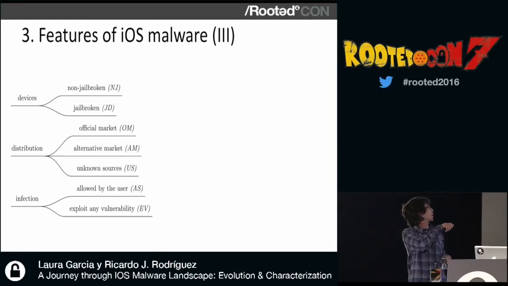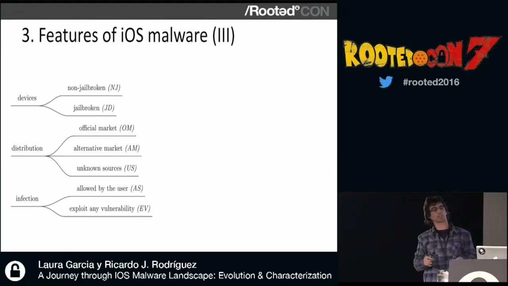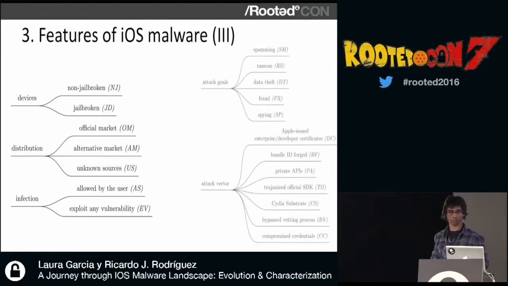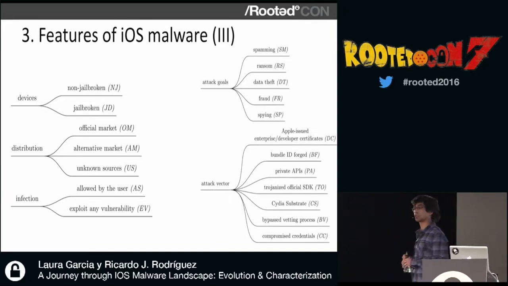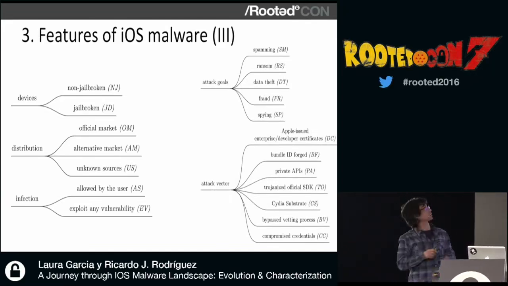Or exploit any vulnerability, where they sneak in transparently for the users. Objectives or attack goals, all these samples are included among these five characteristics: spamming, ransom, data theft, fraud, and spying.